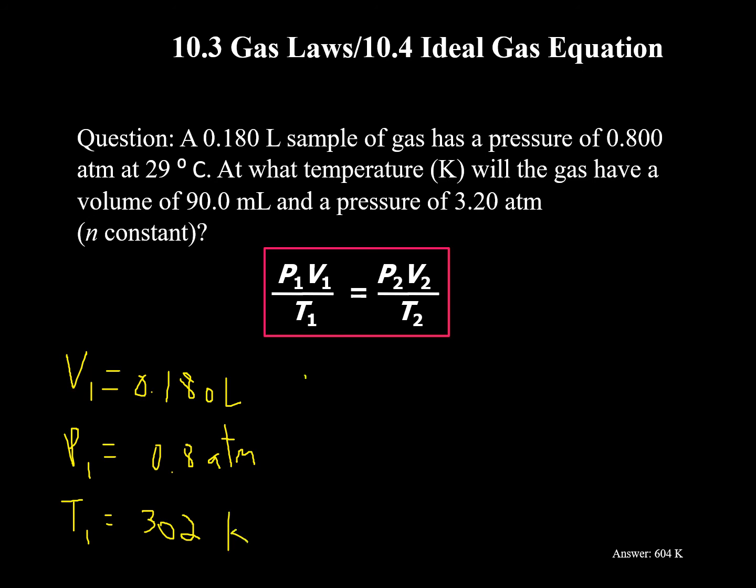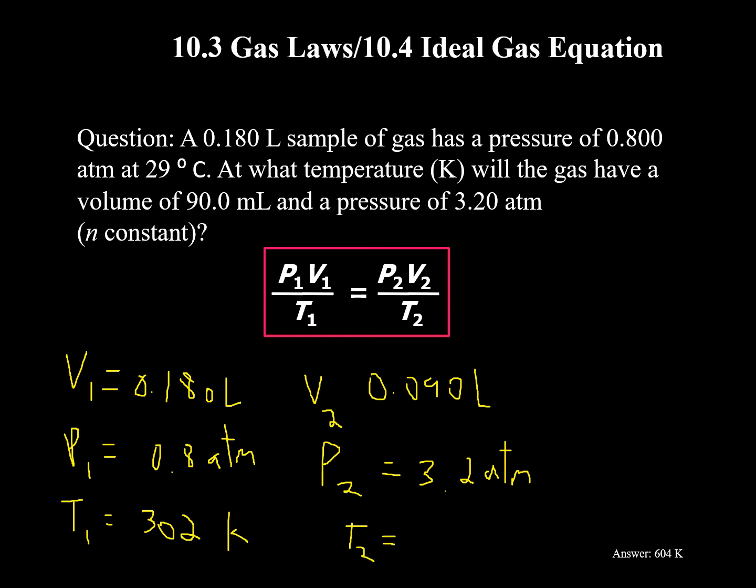And our final volume, which is given in the question, is 0.090 liters. Have to convert the 90 mL to 0.090 liters, so you divide by 1,000. And our final pressure is 3.2 atm. And our goal is to find the final temperature.